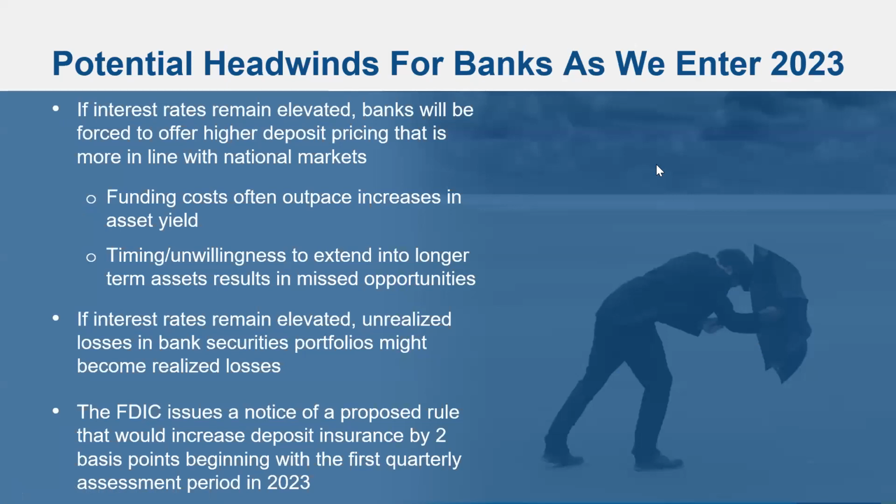Additionally, if rates remain elevated, we're going to have to reprice. Many of us are already repricing. Those increases often outpace the increases in our asset yields. So most of us are going to be dealing with that.